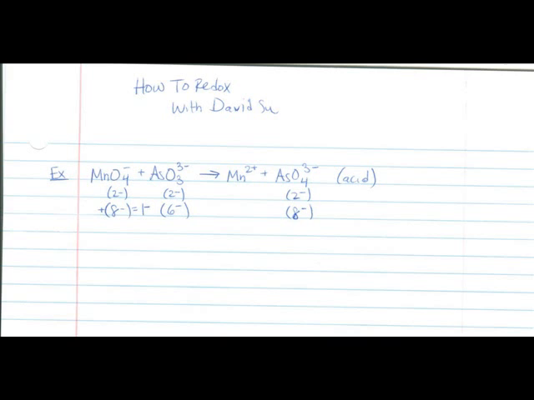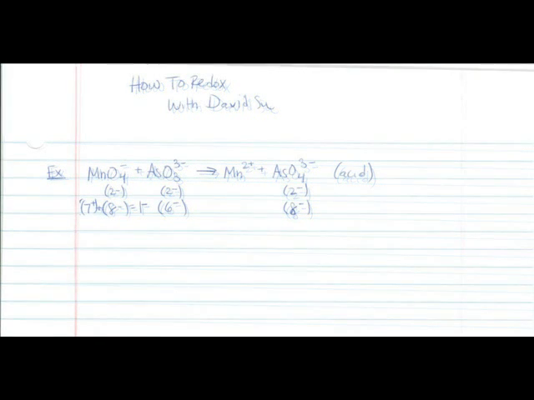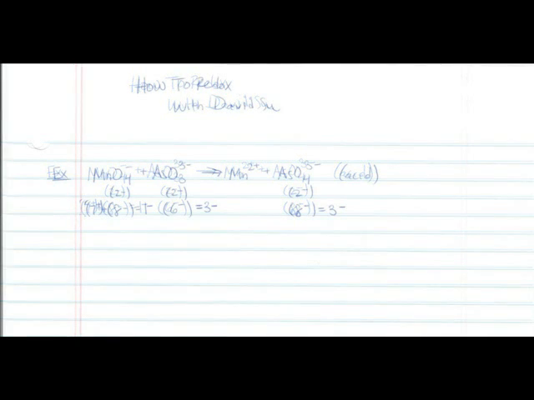Note that the overall charges are also there. MnO4 1 minus has an overall charge of 1 minus. So you acknowledge that, and then you say to yourself, okay, because of the oxygens you have an 8 minus, and you know that the overall charge is 1 minus, so do some algebra. That means that the manganese in the permanganate has to have a 7 plus charge. Do the same with the others.